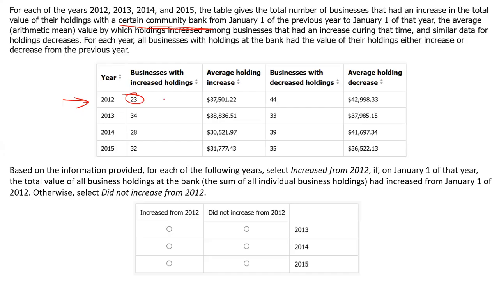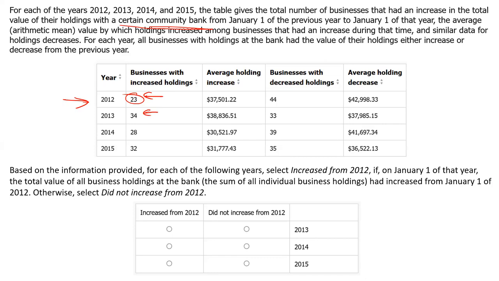So basically, this is comparing what? January 1st of 2011 and January 1st of 2012. Similarly, this is comparing what? Can someone tell me? January 1st, 2012 and January 1st, 2013.